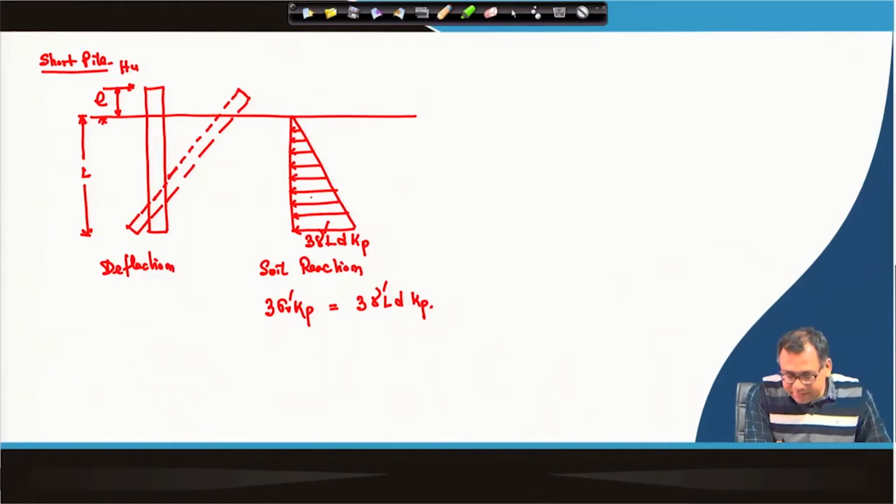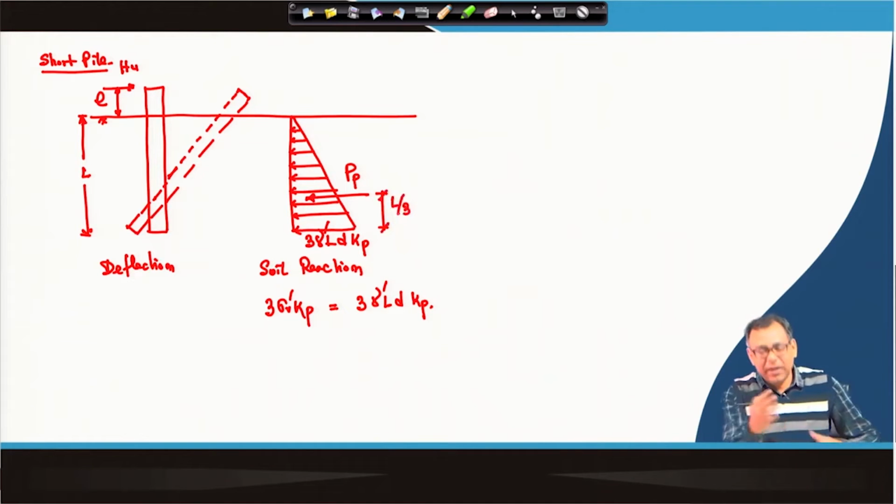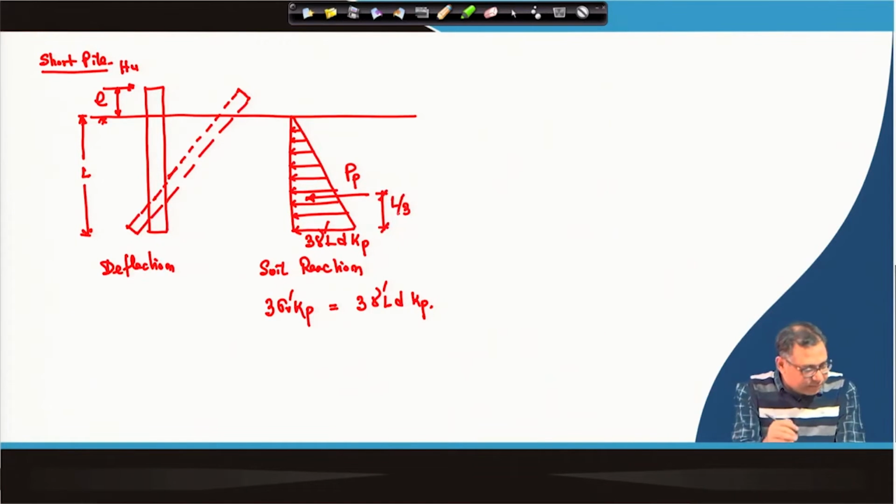And here this total passive force P p will act at a height of L by 3 from the base of the triangle or the pile.